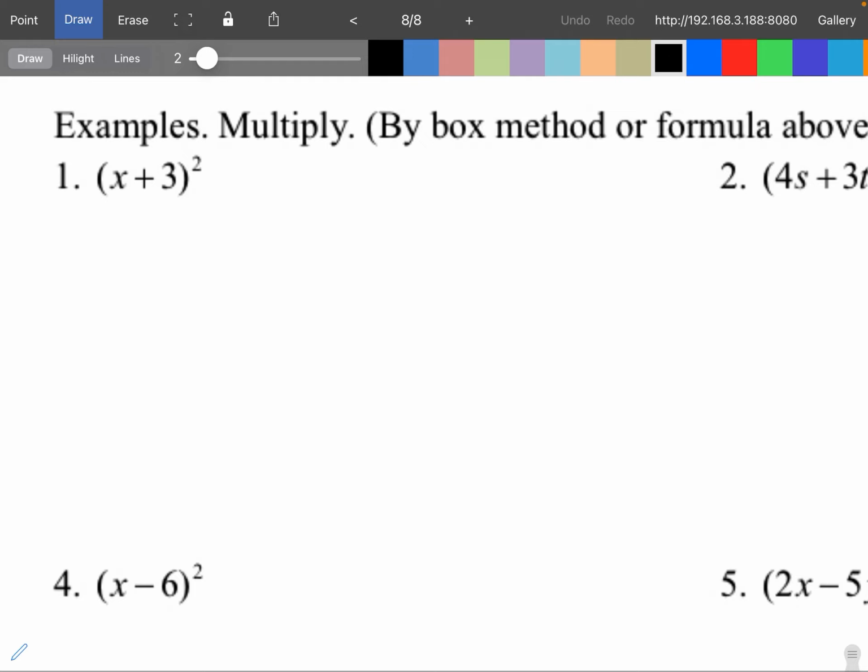What's that, Tom? Yeah, Tom just said you do x plus 3 times x plus 3, right? That's what it means to square something. It means times itself. So we're just going to do the quantity x plus 3 times the quantity x plus 3.